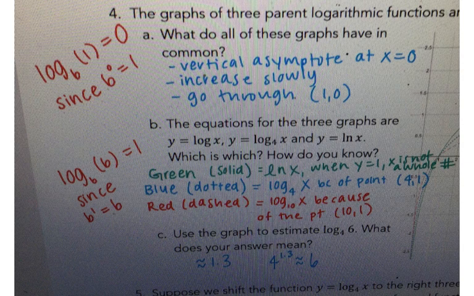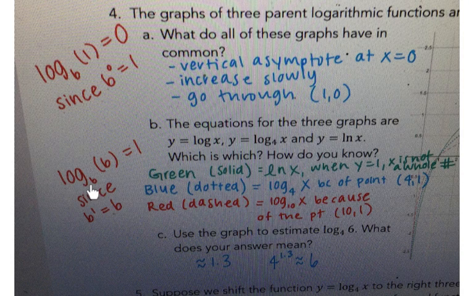And so that's why all of the graphs went through (1, 0). Because when the argument was 1, the only possibility is an exponent being 0, because anything raised to the 0 power gives 1. So this here is explaining why they all have an x-intercept at 1.